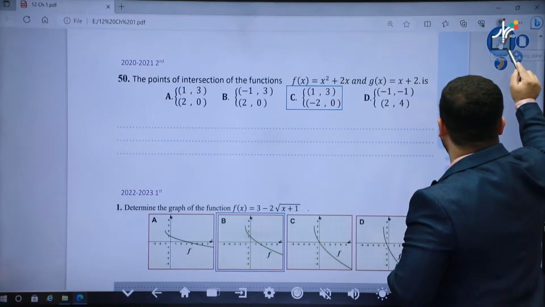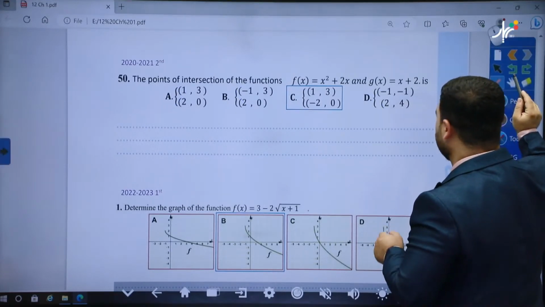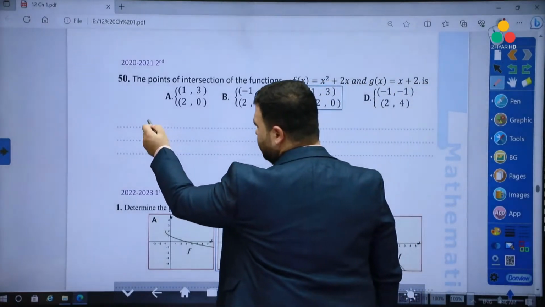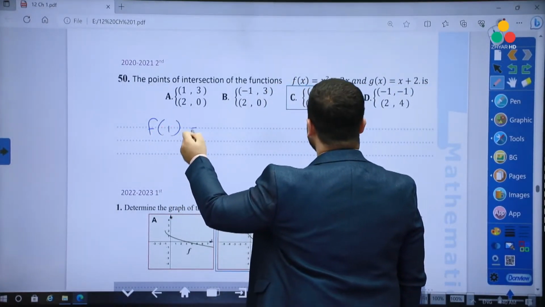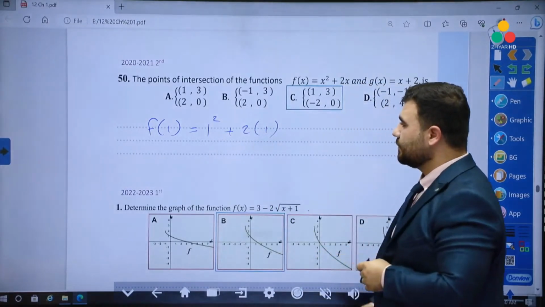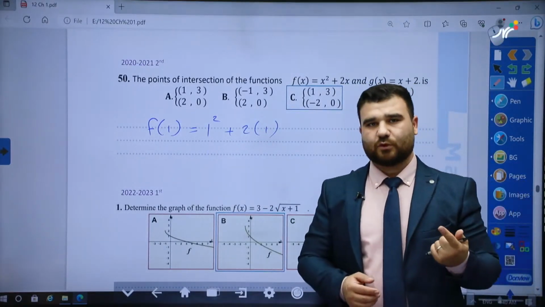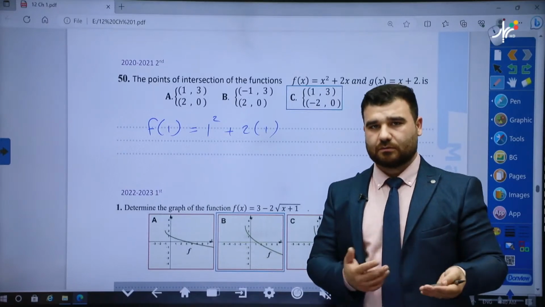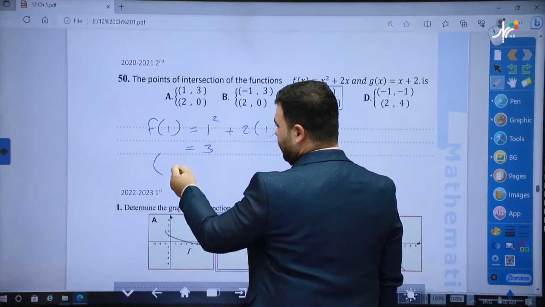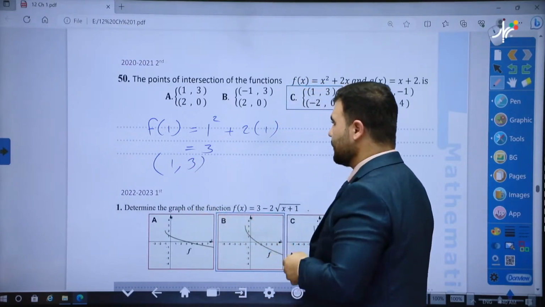In F, if I put 1 in place of x, I should get 3 in the result. F of 1 is equal to 1 squared plus 2 times 1. 1 squared is 1, 2 times 1 is 2, 1 plus 2 is 3. So I got the point 1, 3. It's good.